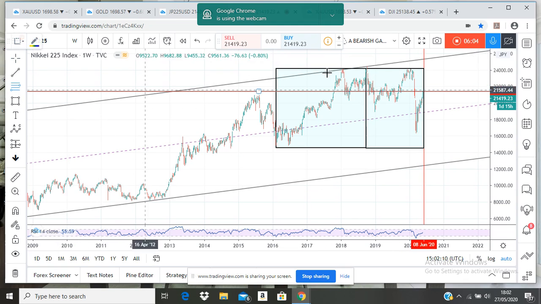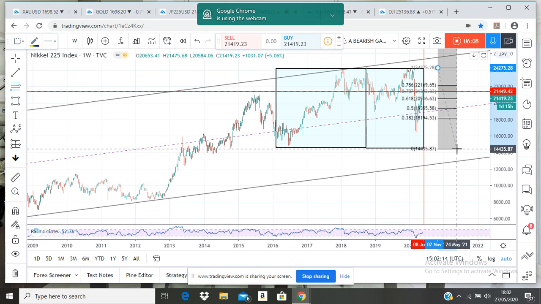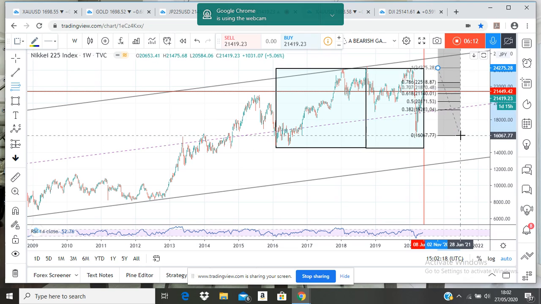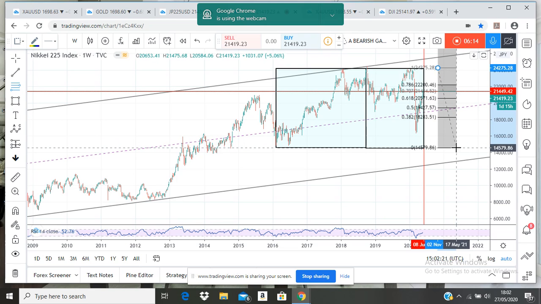Now, if we run the fib retracement for this 969 range, we can see from here that price is exactly on the sacred cut, which is the 0.707 level.